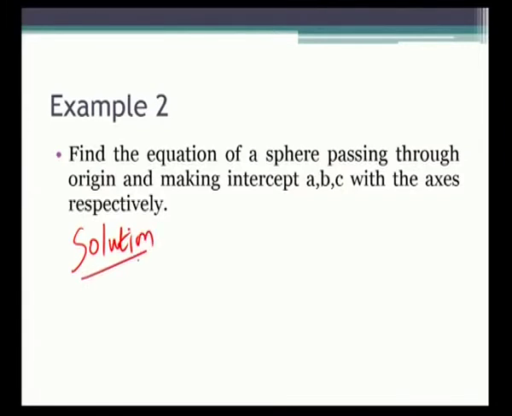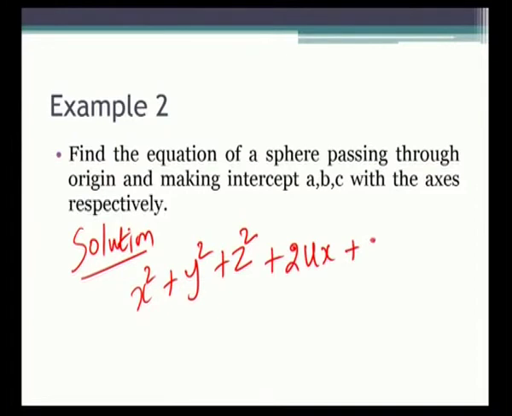Let the equation of the sphere be x square plus y square plus z square plus 2ux plus 2vy plus 2wz plus d is equal to 0.